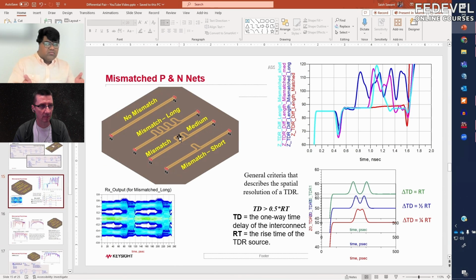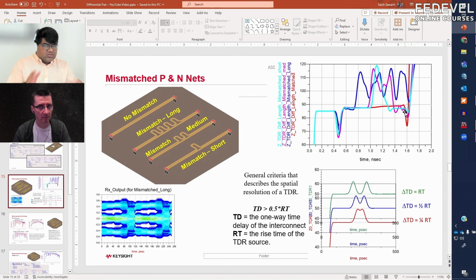If we reduce the number of meanders, we see the pink response. We just have two larger discontinuities. When you have this one section, you see that it's flat for up to 1 nanosecond. You then see just this one peak going up to 115 and then coming back again.